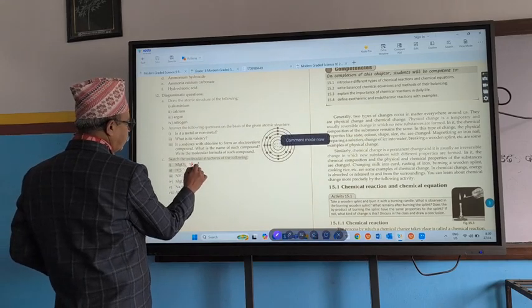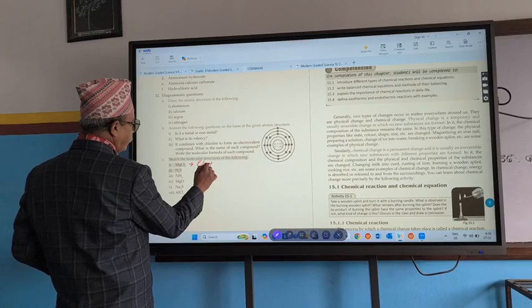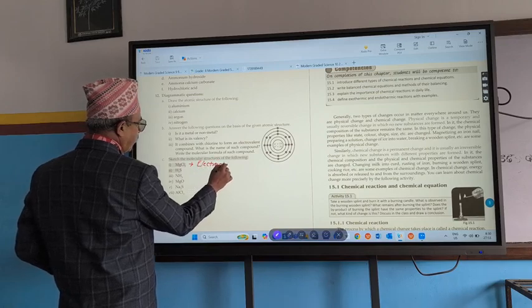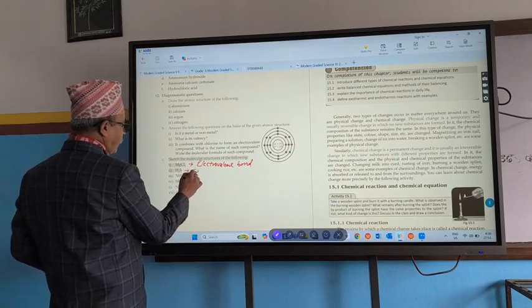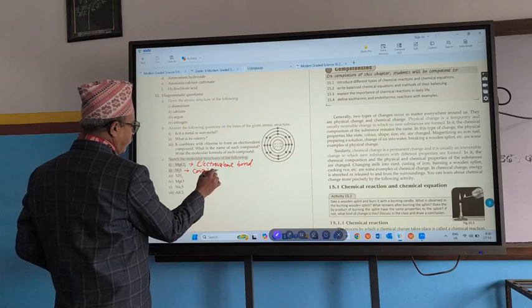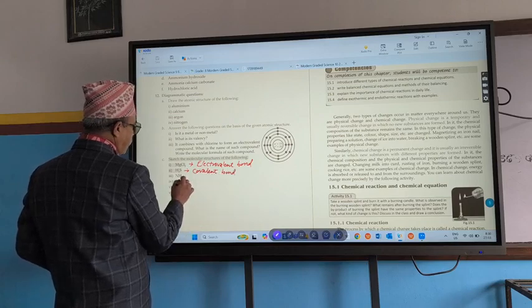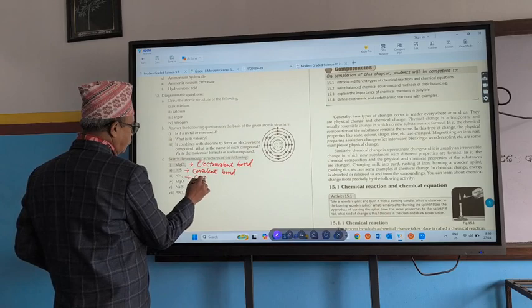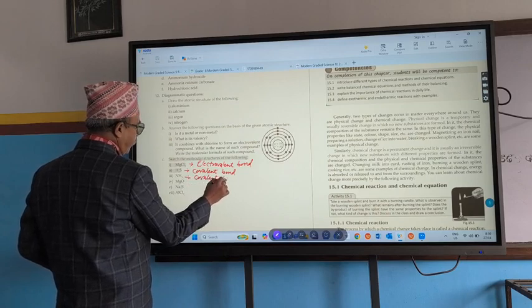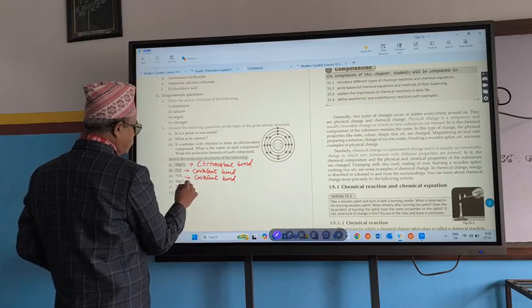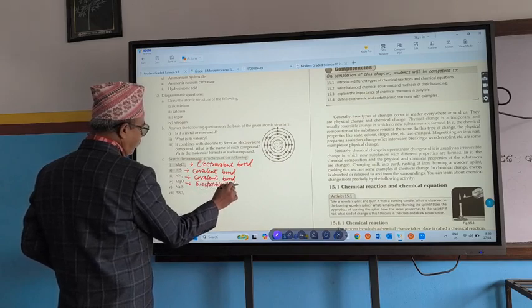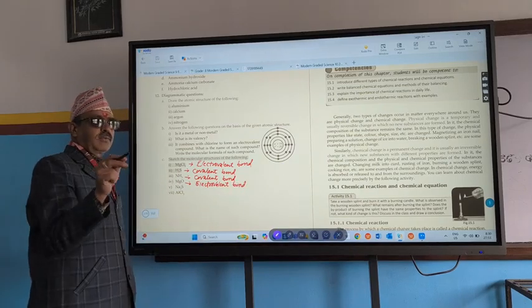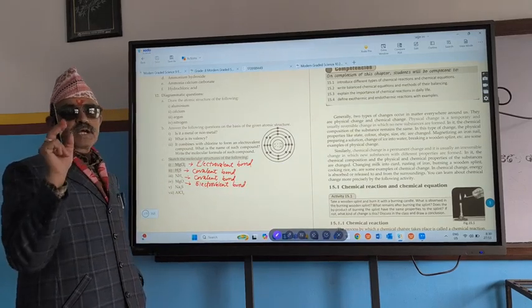MgCl2. Here is electrovalent bond. H2S, covalent bond. NH3, covalent bond. MgO, electrovalent bond. If electrovalent bond, you need to draw 2 times.